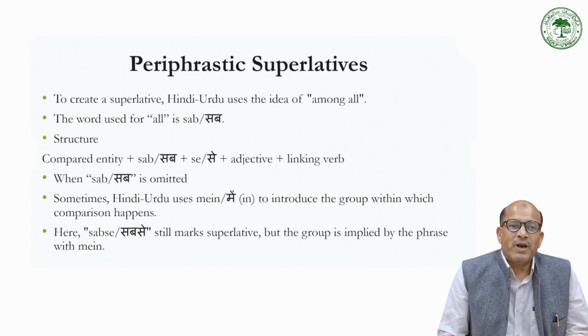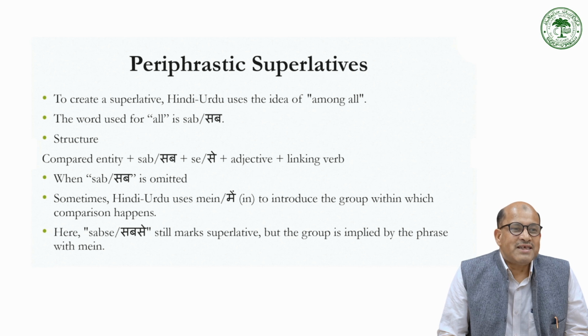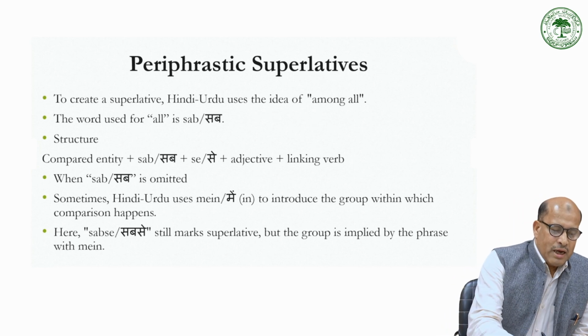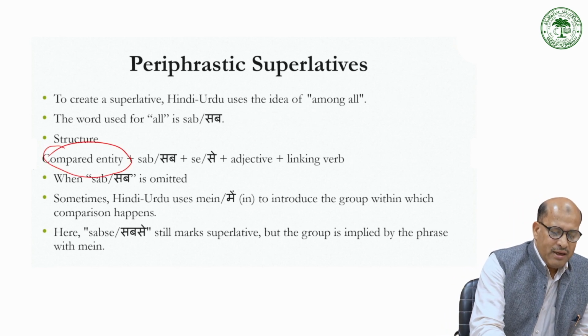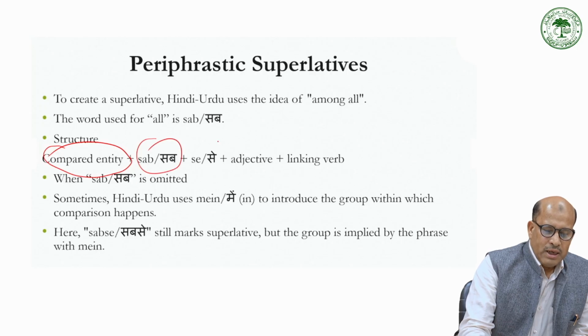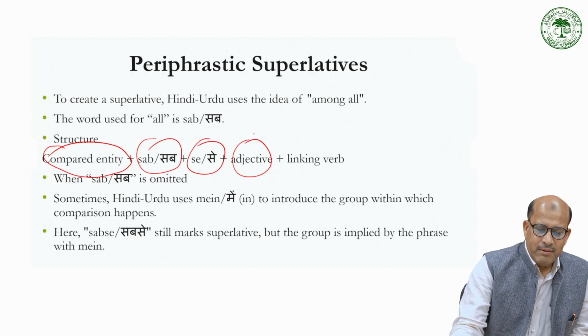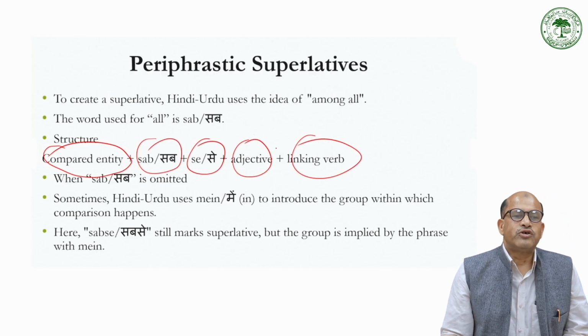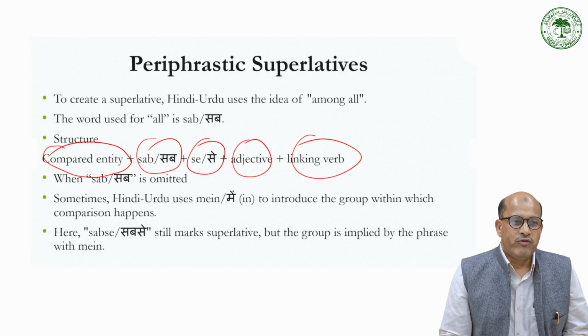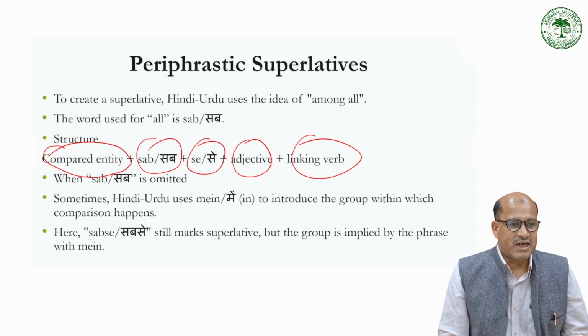To create a superlative, Hindi Urdu uses the idea of "among all." All means sab, sabse. The structure is: compared entity, then sab, then se, then adjective, then linking verb. So this is the basic structure for periphrastic superlatives.